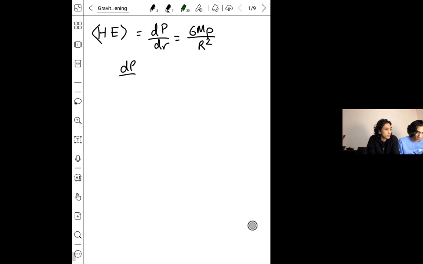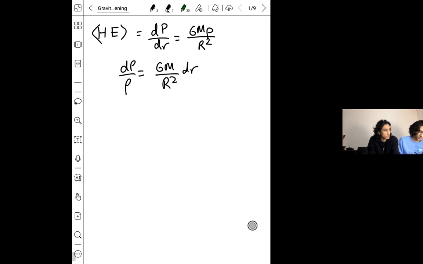So the way I'll rearrange it is, right, this rearranging of the equation allows us to describe hydrostatic equilibrium in terms of the local surface gravity.